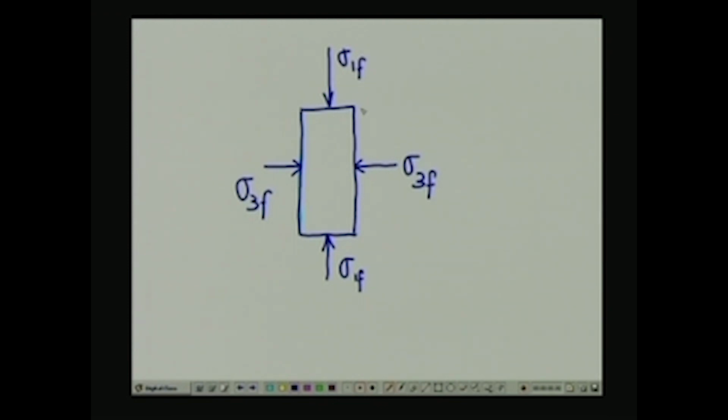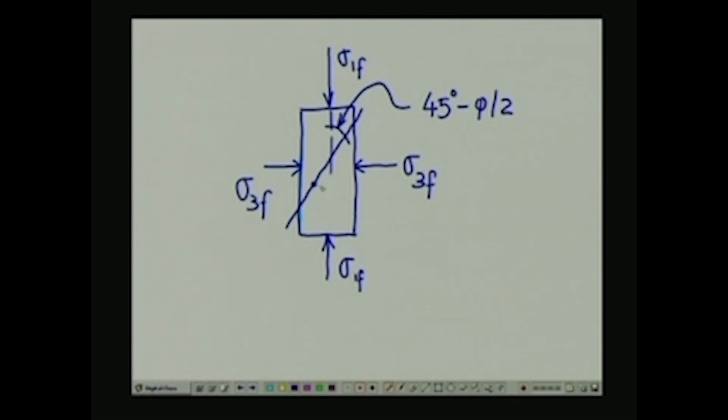In this case, you are going to have failure on a plane which is inclined at 45 degree minus phi by 2 to vertical. Okay, so that is what I mean.